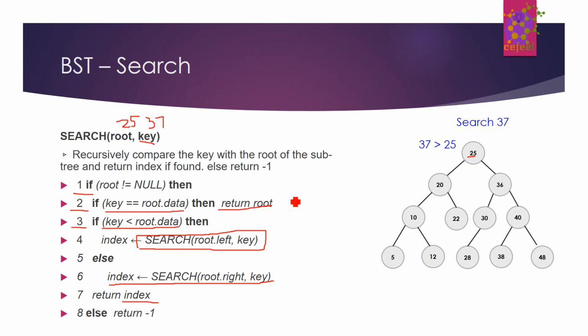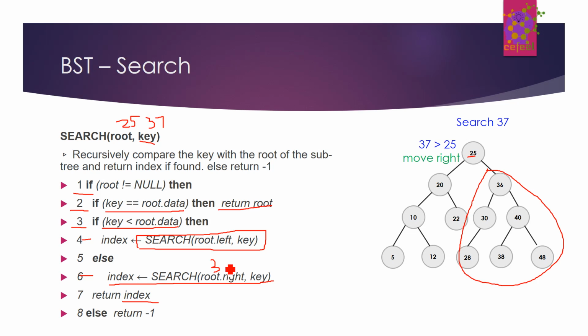So this means it will not go to step 4 because this is not true, but it will go to step 6, which is the else condition, and it will call search root.right key. Which means it will call the search on the right subtree. As you can see, it says move right. So search will be called on root.right.